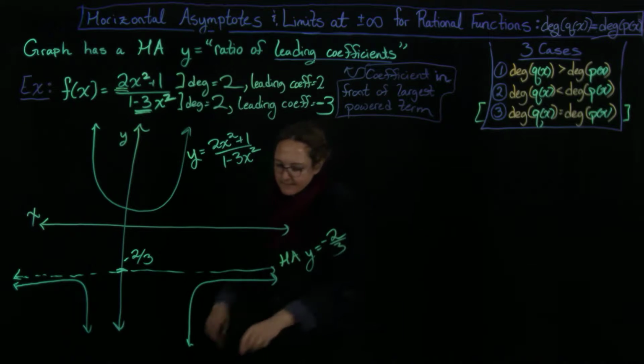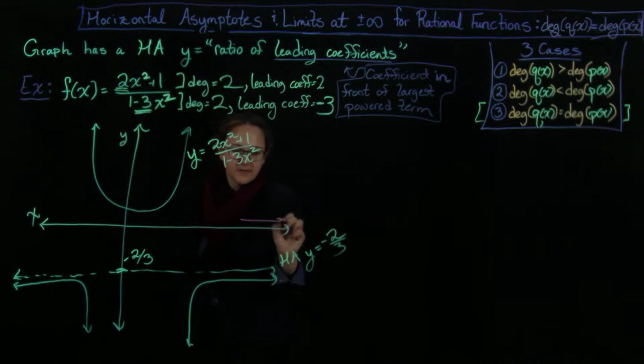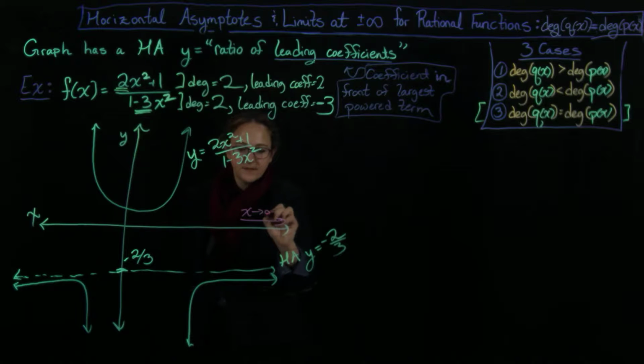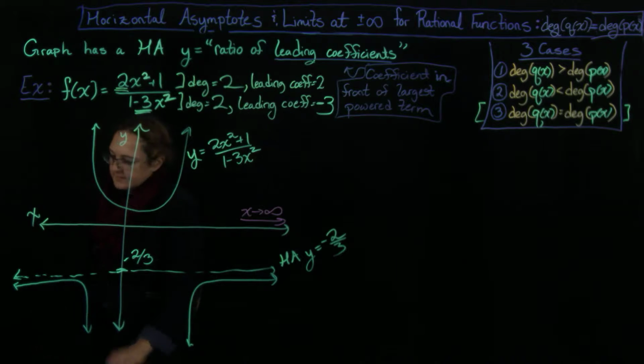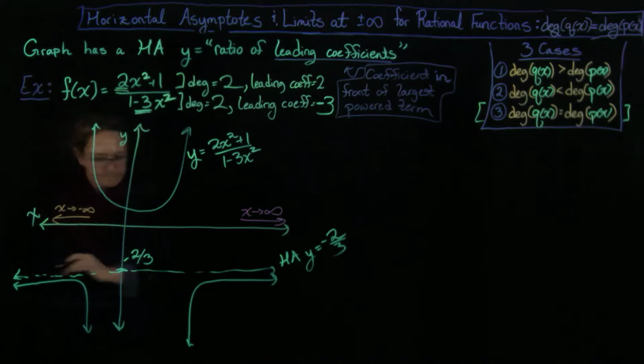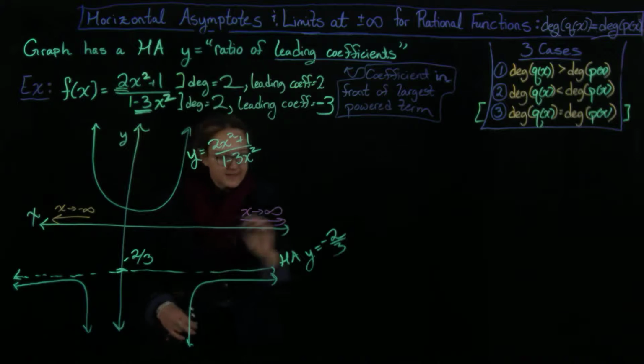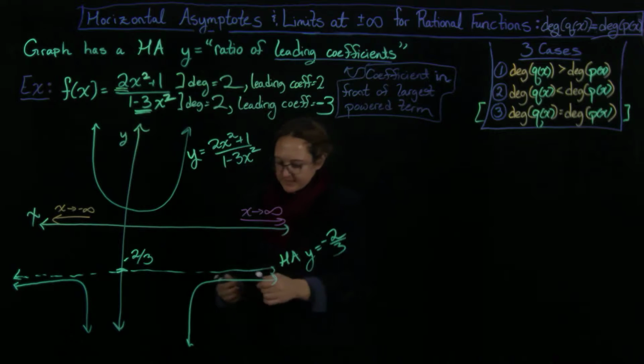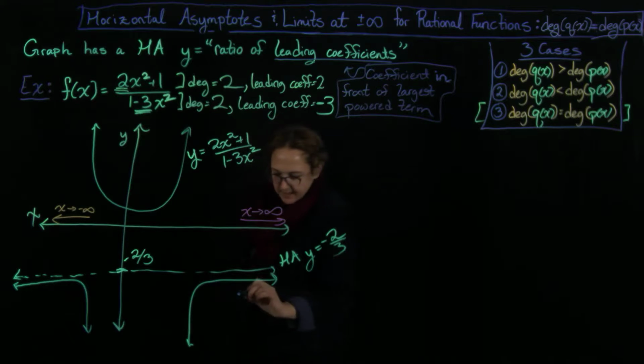We also remember that this is x going to infinity, and this is x going to minus infinity. As I go towards infinity, what's happening with this limit?